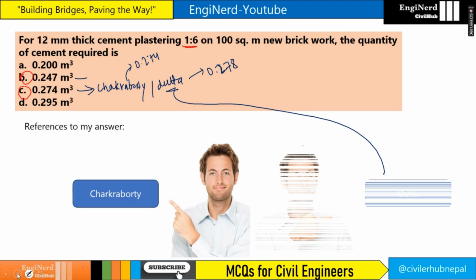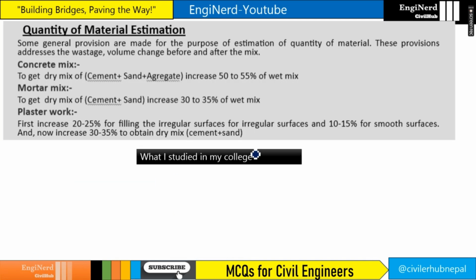This is what I studied in my college. You can see plaster work is increased 20 to 25% for filling irregular surfaces and 10 to 15% for smooth surfaces, and then increased 30 to 35% to obtain dry mix.